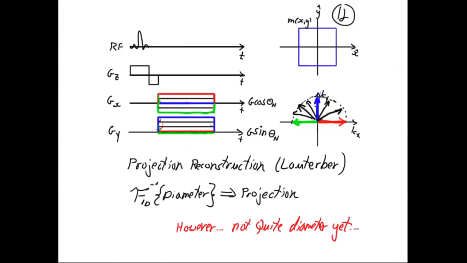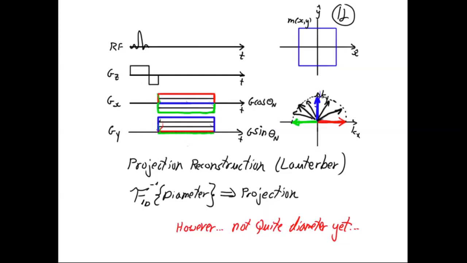What we're going to do is apply again an RF pulse with a gradient in order to do selective excitation. Here I color coded a few things. The first time I excite, I'm going to apply the red sequence. The red sequence applies a GX and GY will be 0.